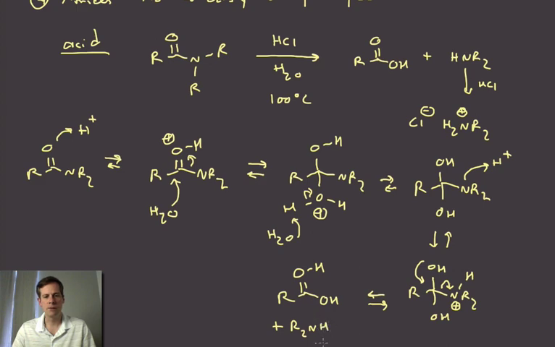So we were able to spit that off as a neutral amine, and then as I set up here, that's going to react with HCl to form ammonium chloride. And here we have an oxocarbenium, and we just simply need to finish this off by deprotonation.